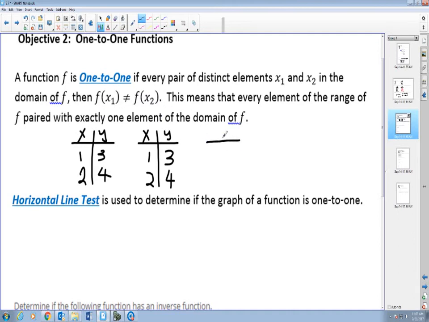Now, we mentioned this before. To be a function, the x value cannot be the same. If I have the same x value but two different y values, then it is not a function.